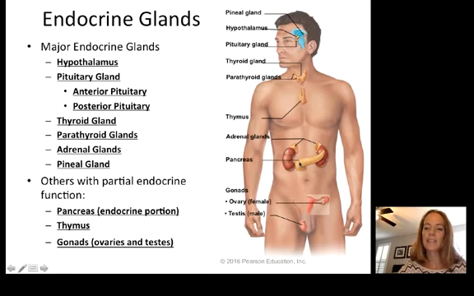The pancreas has other functions, namely digestive functions, but it does have major endocrine function. We also have the reproductive organs. Primarily the gonads are responsible for the reproductive hormones, and that is in females the ovaries and in males the testes.